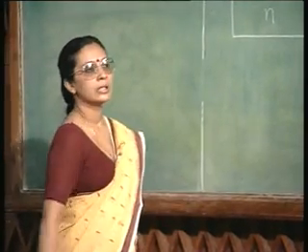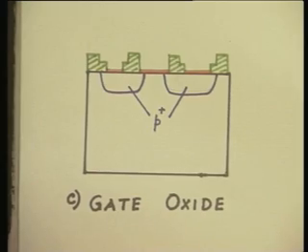So, the next step will be step number C in our card, that is that of gate oxide. You can see the thin pink line, okay? It shows the difference in the thickness between the field oxide, which is green hatched in color in the card, and the thin pink gate oxide over the region between the source and drain, and also over certain regions in source and drain. Okay?